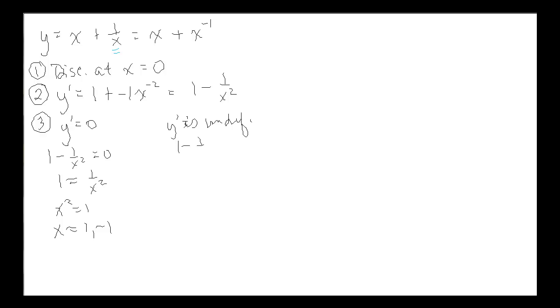All right, 1 minus 1 over x squared is undefined at x equals 0, but the original function is not defined at x equals 0, so this is not a critical value. Okay, we'll use the fact that we do have a discontinuity, and we've got two critical numbers for our chart.